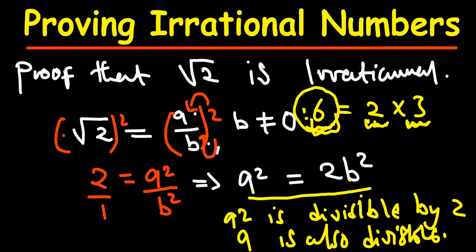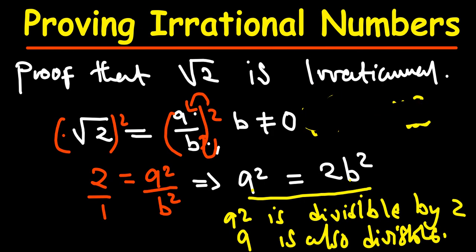If a squared is divisible by 2, then even a will be divisible by 2. Let me give an example here to make it simple. For example, if I have 4 which is equal to 2 multiplied by 2, so I'm multiplying this 2 by a 2 and I'm getting 4.